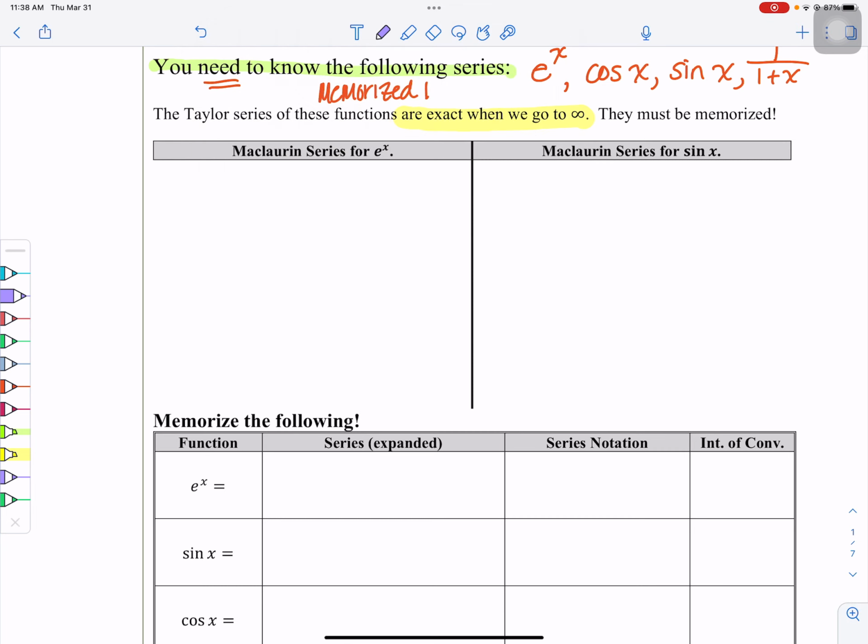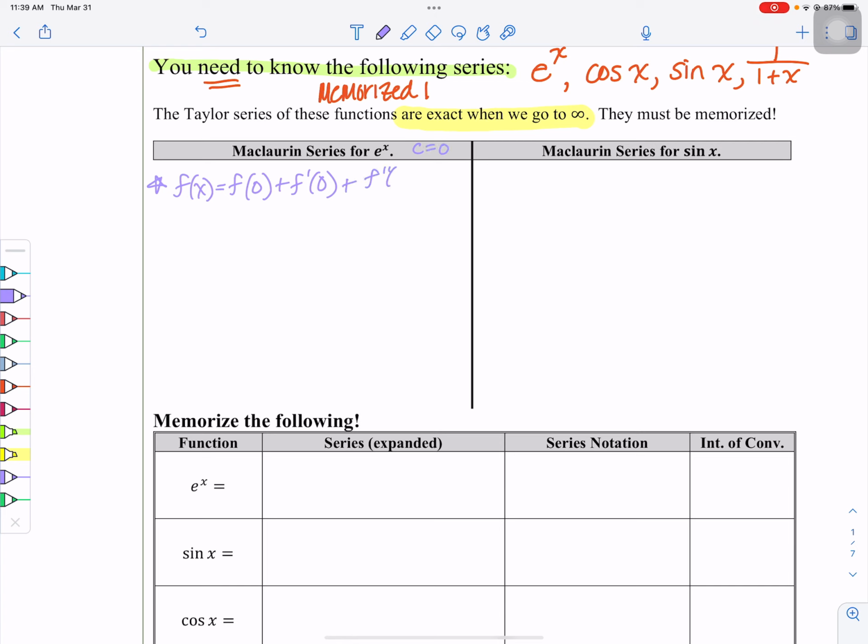Okay, so for e to the x, keep in mind that how we are going to write these is we start with the function is equal to f evaluated at the center, plus the first derivative evaluated at the center. Of course, the center is 0.